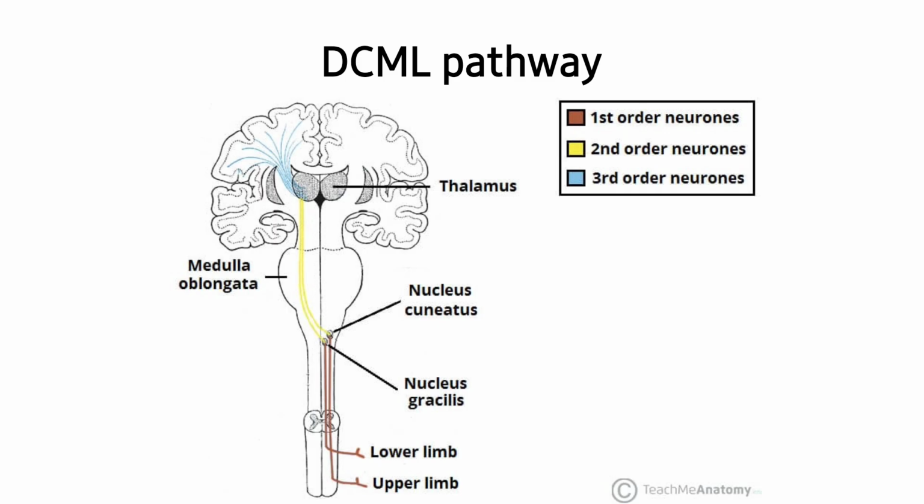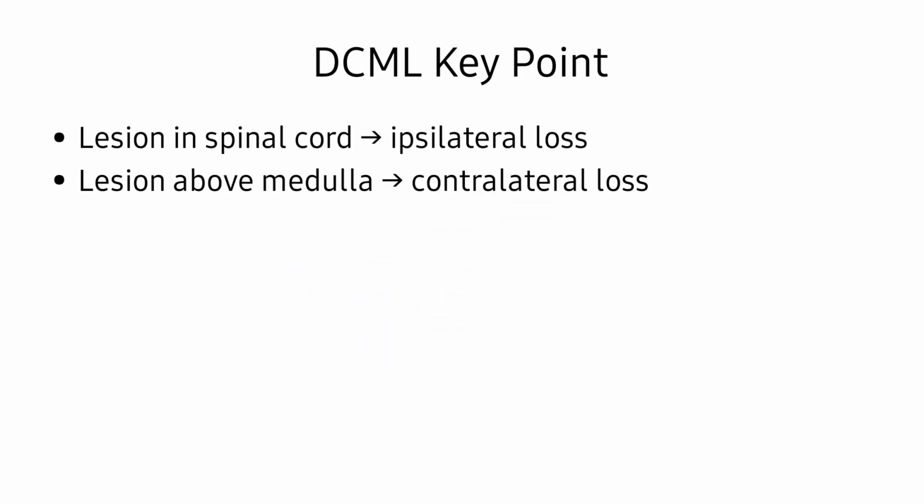In the medulla, specifically nucleus cuneatus for fasciculus cuneatus, and nucleus gracilis for fasciculus gracilis, just like that. Then from there they ascend to the thalamus. From the thalamus it then goes to the primary somatosensory cortex. Okay, these are key things that we have to note about the DCML.